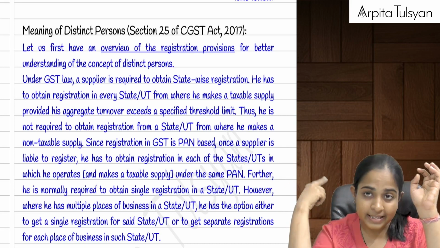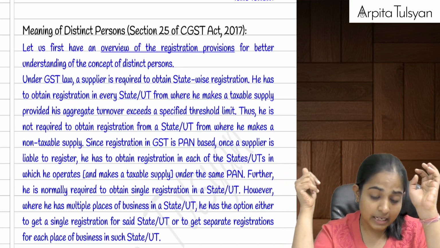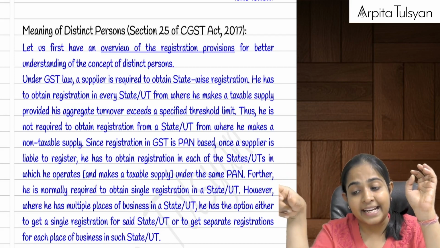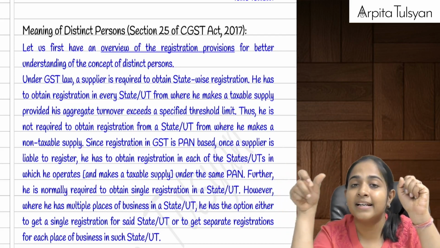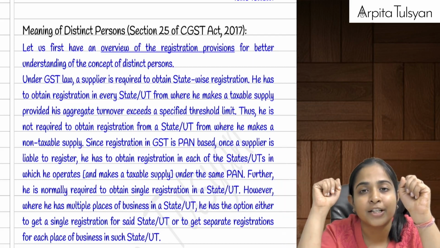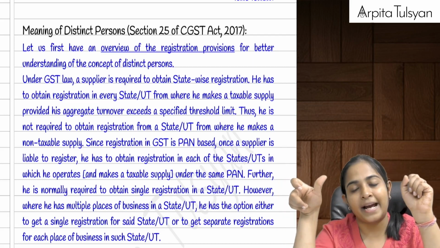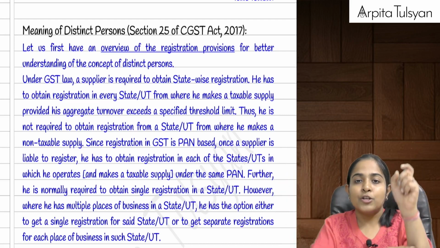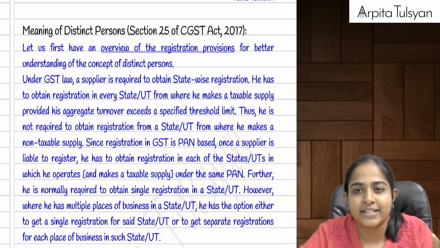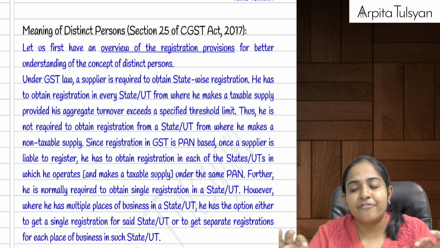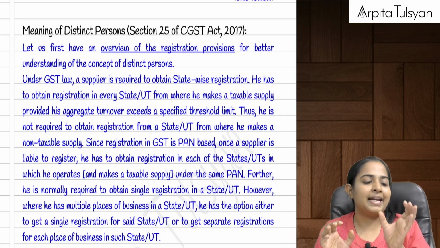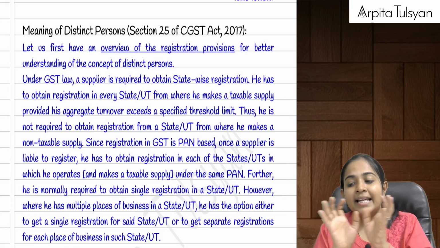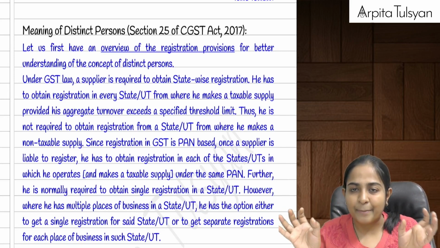But since the state of the branch is changing, can I say we'll have to take a separate registration for that particular state? For that Gujarat branch, I will have to take another GST registration, but that will be linked to the same PAN. So one PAN and multiple GST registrations. If one office is in Maharashtra and one in Gujarat, these two have two separate registrations.